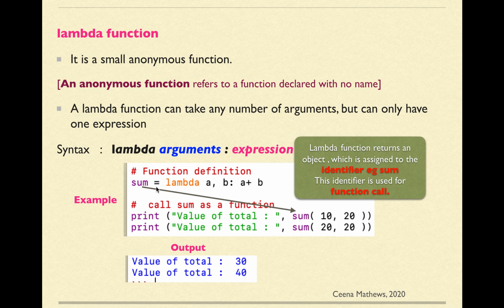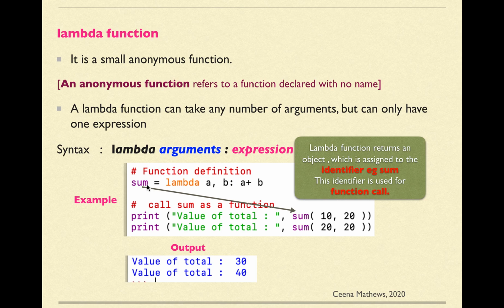In the example, you can see lambda a comma b. Those are the arguments. The number of arguments can be multiple. Following it is a colon and then you give the expression. After calculating, the value will be assigned to this identifier.